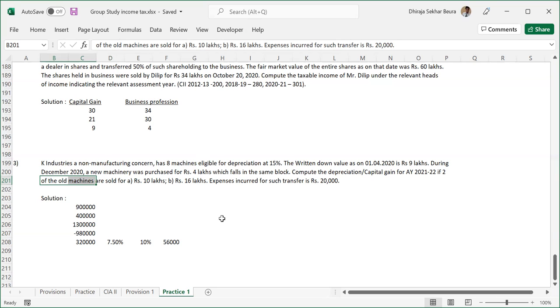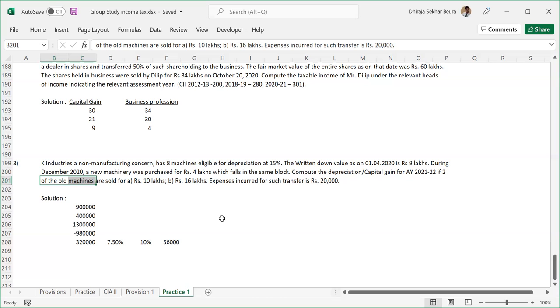As we have discussed, the rate is 15%, and we have discussed half depreciation, that means 7.5%. Because it is plant and machinery and it is a purchase during the year, additional depreciation also comes into the picture. That is the logic here.